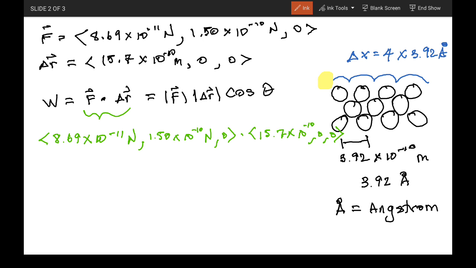And so I'll have only a multiplication of the x's. The others are going to be zeros because 1.5 times 0 and 0 times 0 are both 0.